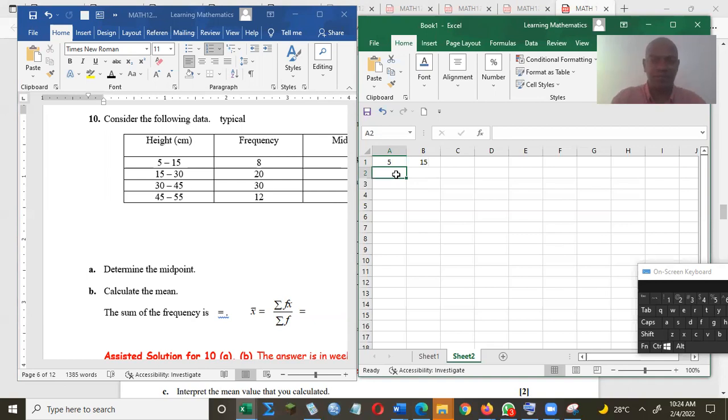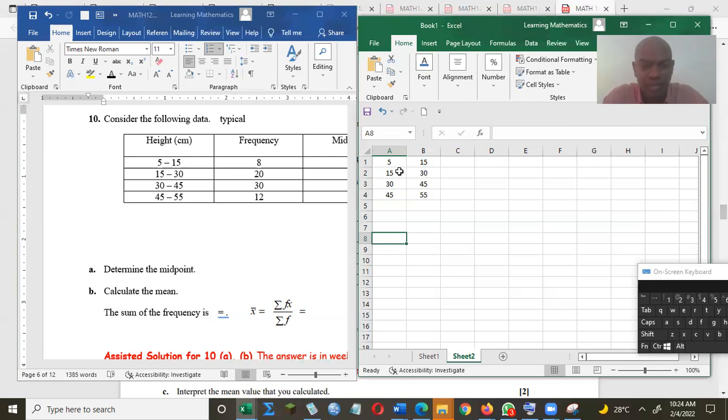The next interval is 15 to 30. The next interval is 30 to 45. The next interval is 45 to 55. A little planning always helps to speed up things in the long run. You plan, and if you plan properly, things happen.